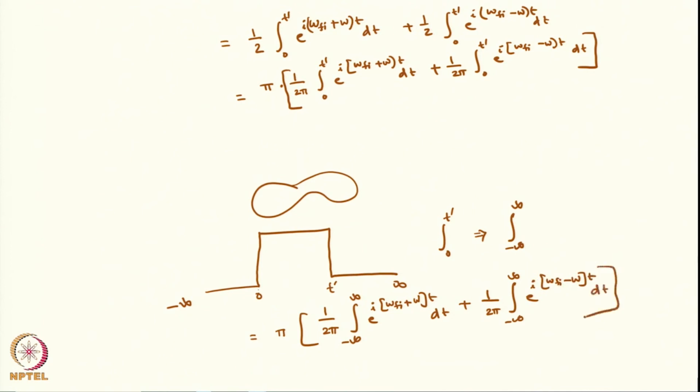Okay. So, what I have done is I have just changed the limits of your integral. Instead of going from 0 to t prime, I have taken from minus infinity to plus infinity. From minus infinity to 0, there is no light acting on it, so the contribution to that integral is essentially 0.